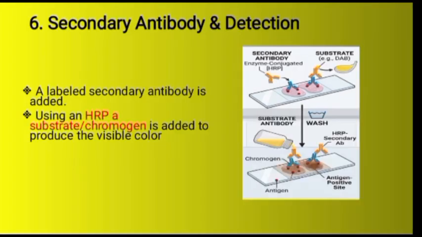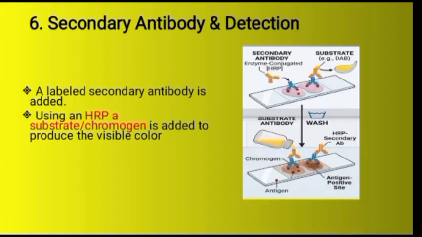At the sixth stage, since it is a sandwich process, the preferred tagged antibody, which will bind to the primary antibody, is an antibody that is tagged with a reporter protein, which is the horseradish peroxidase. So where the horseradish-tagged antibody binds to the primary antibody, a substrate would be added.